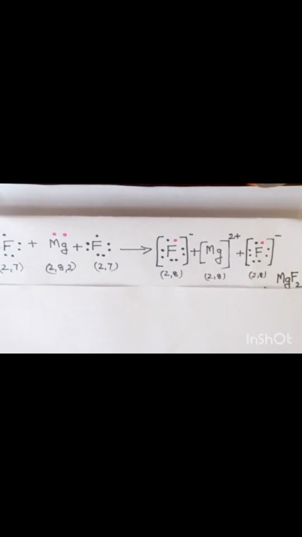Magnesium changes to magnesium 2 plus ion, as it donates 2 electrons. So we have Mg2 plus and fluoride negative. These positive and negative charges combine together, and we get the compound MgF2, magnesium fluoride. I hope that all of you got a clear idea about drawing electron dot diagrams of ionic compounds.